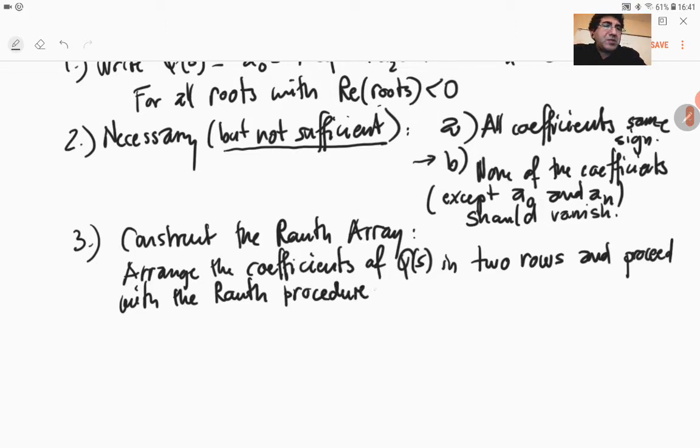Now, the Routh procedure is a table-based calculation. It's a calculation based on a grid of numbers.